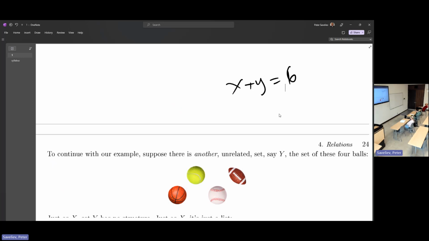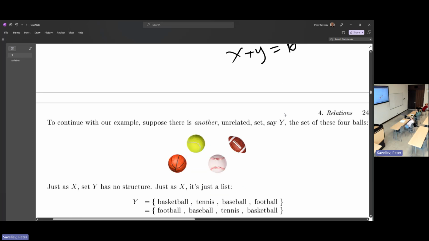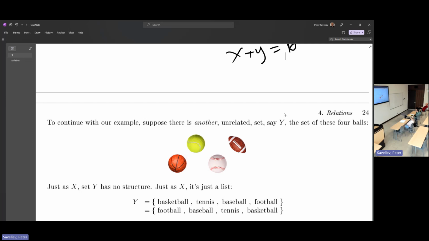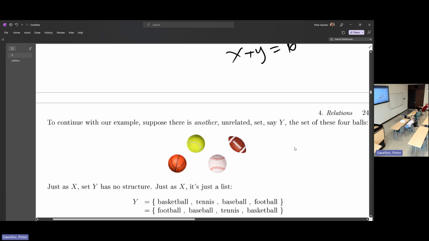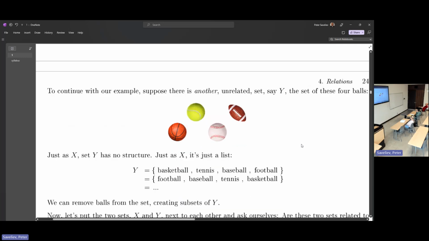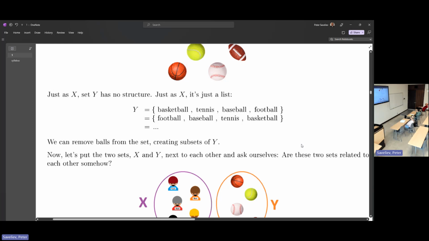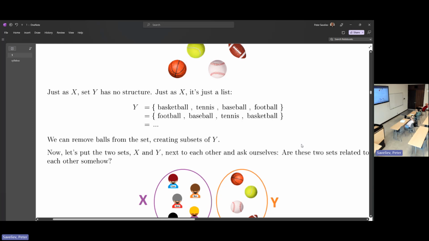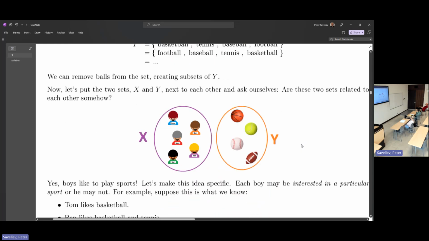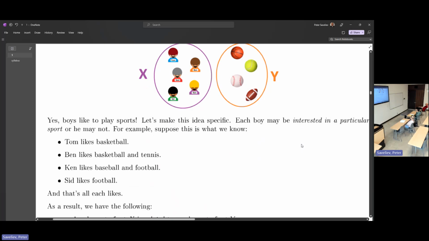Here, in a more specific way, I'm establishing a relation between two sets. The first set we already had, the boys, with five boys, and now we have four balls, reflecting the games they like to play. Once again, it is a list, and the list can be rearranged. It's the same set. Now the two sets are not related to each other in any way, but you can create that relation by just talking to the boys and asking them what they like to play.